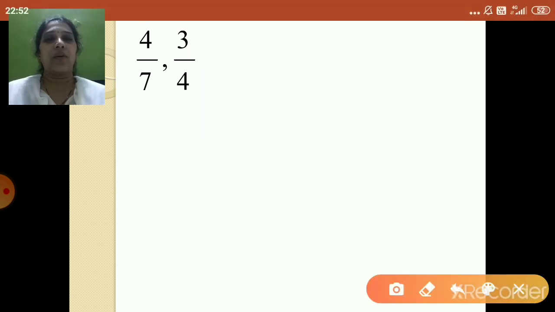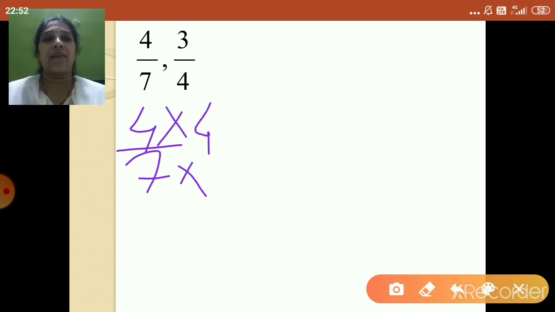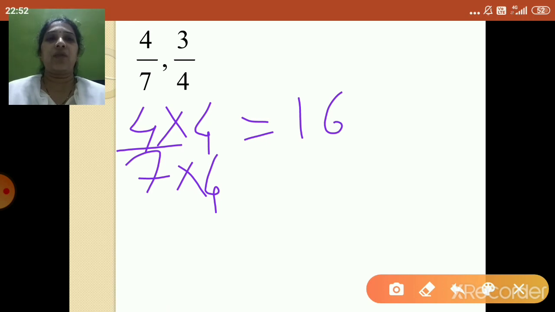So for 4 upon 7, we are going to interchange the denominators, right? So 4 into 4 and 7 into 4. So 4 fours are 16 and 7 fours are 28, right?